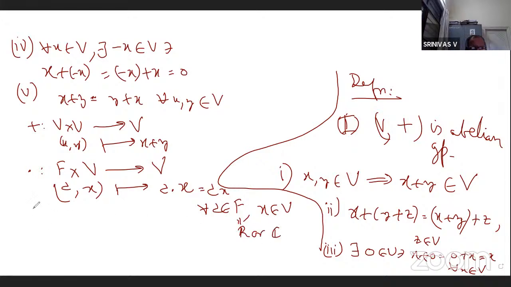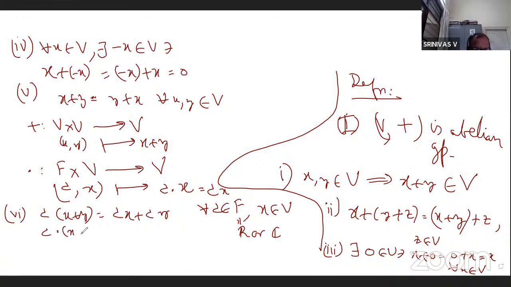Well, we want the sixth property for scalar multiplication. We want c into x plus y equal to cx plus cy. Here we are suppressing the dot.